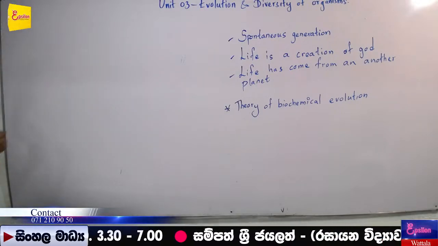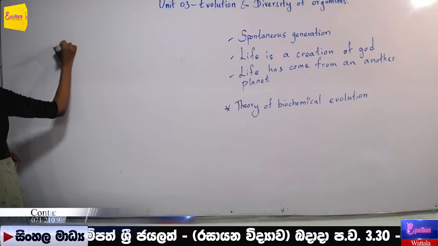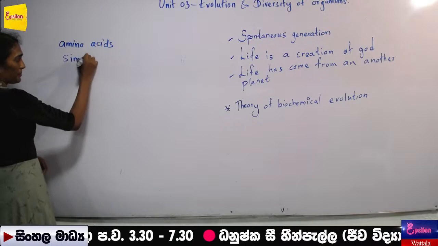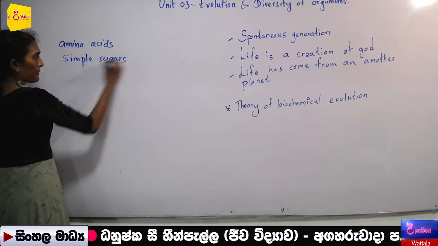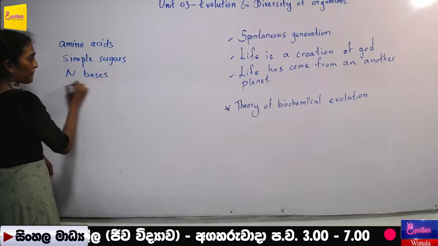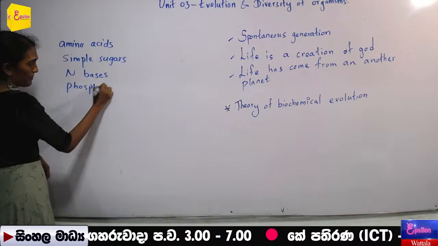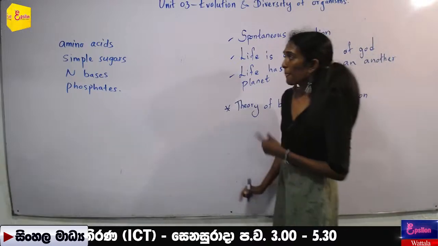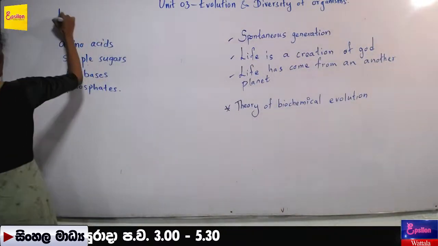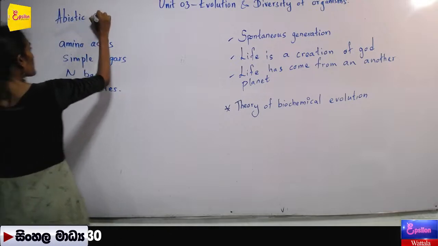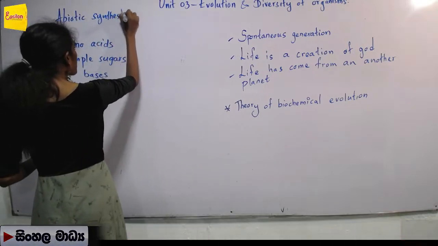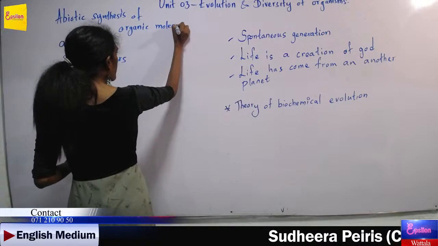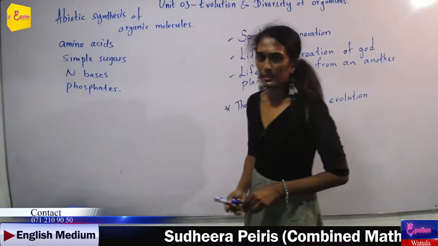And then they formed compounds like amino acids, simple sugars, nitrogenous bases, phosphate groups, likewise. And this happened in the atmosphere, and this is called abiotic synthesis of organic molecules. What's the meaning of that? Abiotic synthesis.